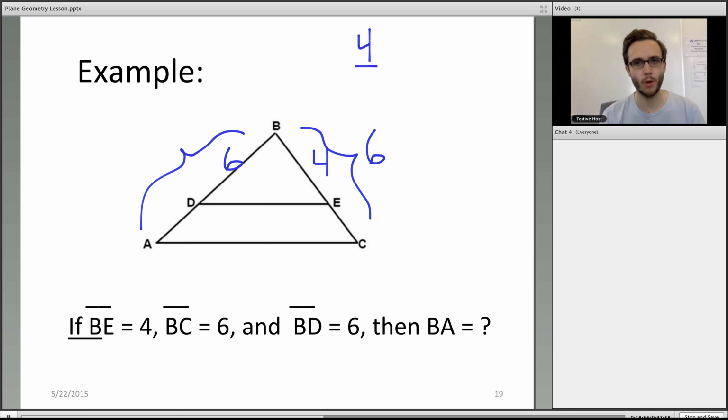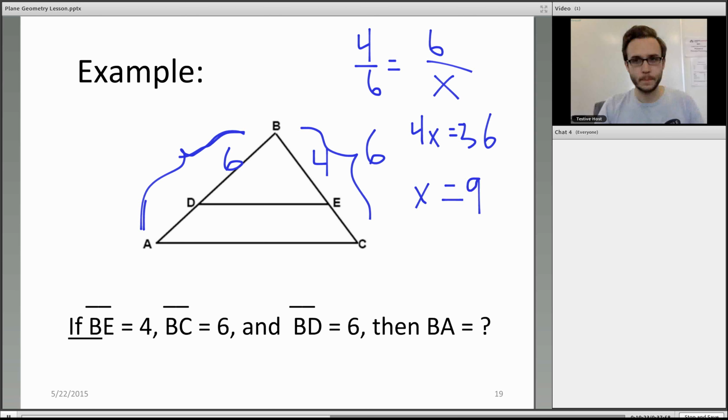So we know 4 over 6 is going to be the same thing as 6 over x, where x is the length of BA. So we're going to do 4x equals 36. And therefore, if we divide both of these by 4, we get that x equals 9. And side length BA equals 9.